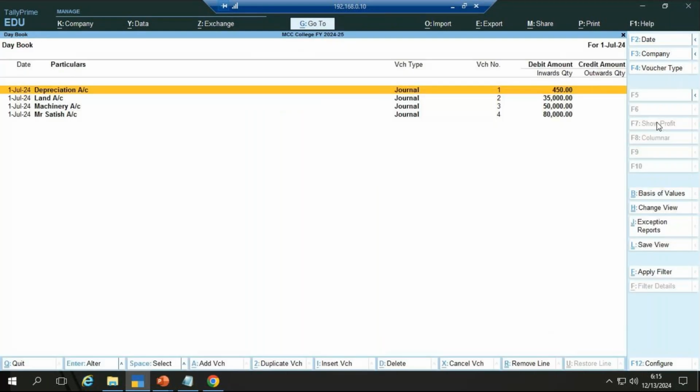So when I click on this day book, you can see it is showing only the 1st July entries.